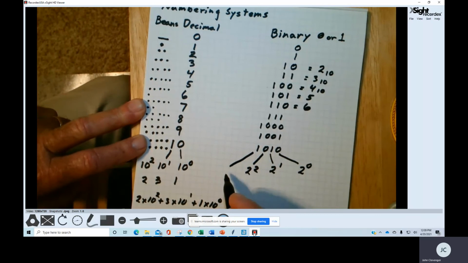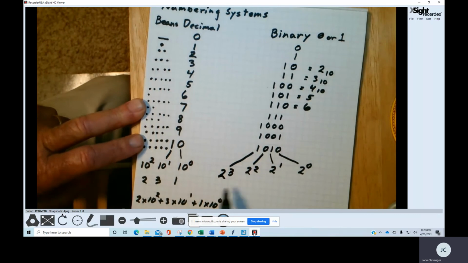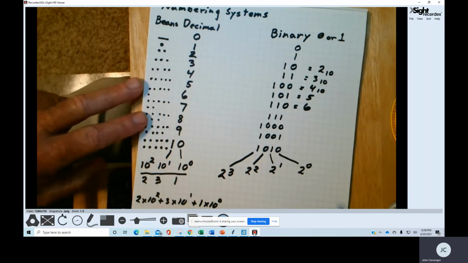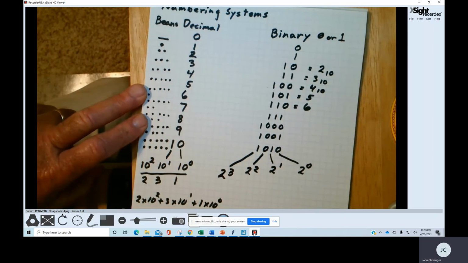And every 1 over here is worth 2 to the third power. This is really not that much different than the decimal numbering system. It's just that now with the binary numbering system, we are limited to having only 2 symbols, a 0 or a 1.